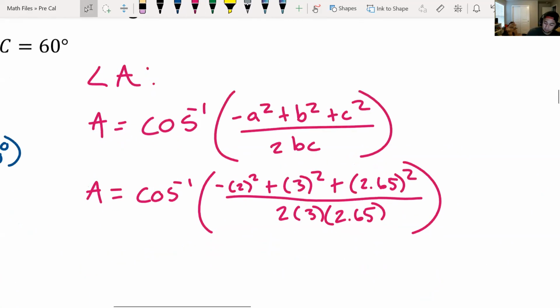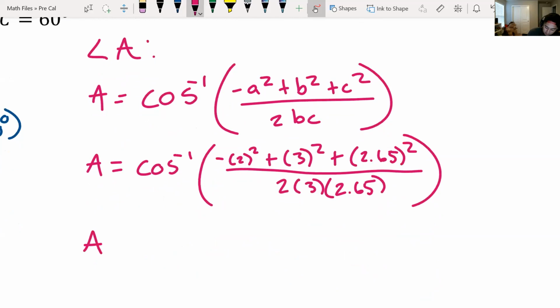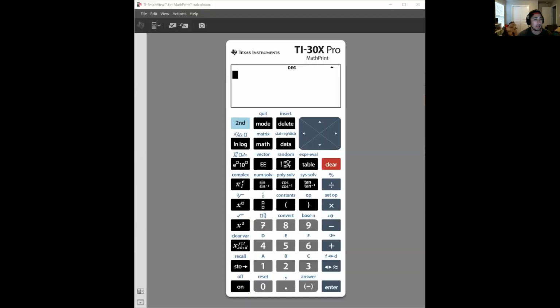Now type this in your calculator exactly as I wrote it. Parentheses you will need. Just to show you what I'm typing in, I can share my screen. Okay, I need to be in degrees, perfect.